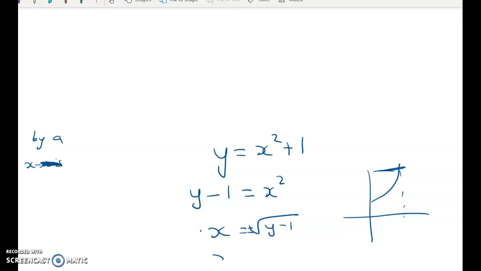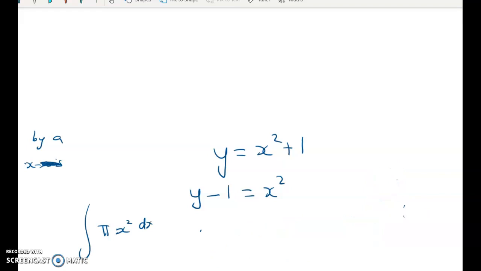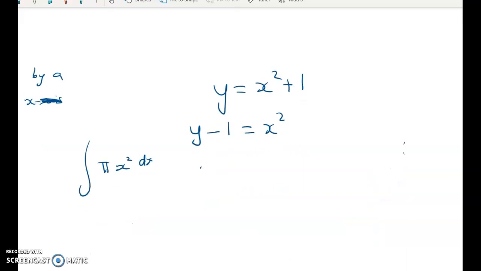But then if I do that, I have to go back again and get x squared equals something, because that's what I'm going to have in my integral. So we don't even need to bother with this step, because we had x squared up here. I'm hoping some of you are watching this and that this is making sense. That gives me the formula here. V is the integral between 5 and 1, and I've got pi times y minus 1.